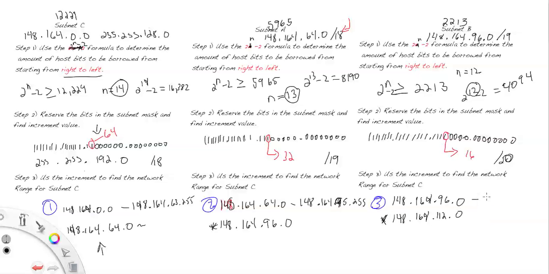And this will go all the way to 148.164.111.255. Okay, and this is a /20.